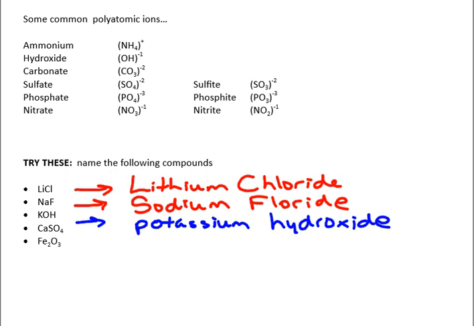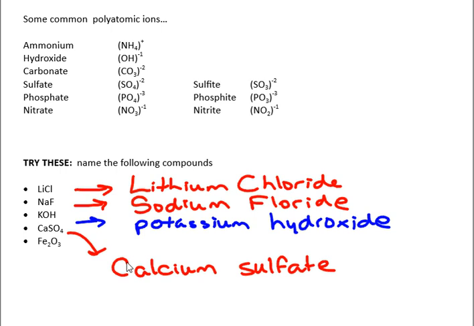In the formula CaSO4, I see calciums, sulfurs, and oxygens. Calcium is a metal, and it'll get its regular name of calcium. The remainder of this compound must be a polyatomic ion. SO4 is sulfate, so its name is calcium sulfate.